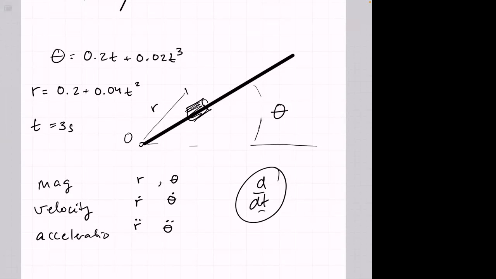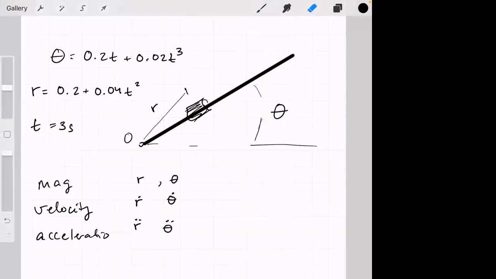So anytime I write this dot, know that this is a time derivative. We need to find the values of each of these. Let's go ahead and start writing these out and getting their magnitudes.